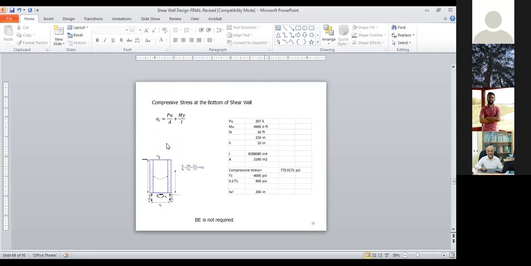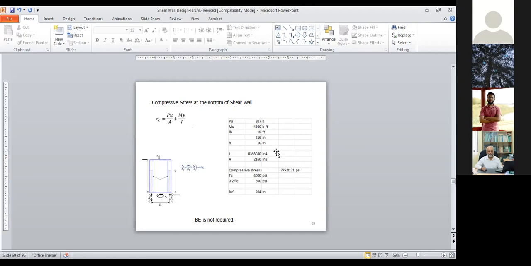Compressive stress at the bottom of the shear wall. If I use this equation, this is just a stress equation, you know that from the axial stress and the flexural stress, you can calculate what will be the stress at the boundary zone, and your boundary zone compressive stress comes to 775 psi. You know the moment, the axial force, the moment of inertia.